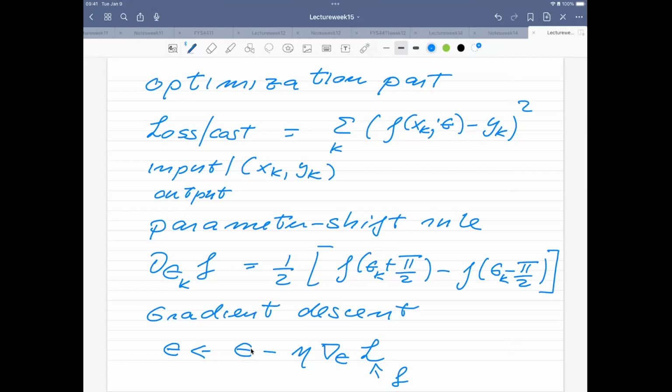So essentially you end up taking the derivative with respect to this function f, which is the network. But what you see here is a little bit more general.